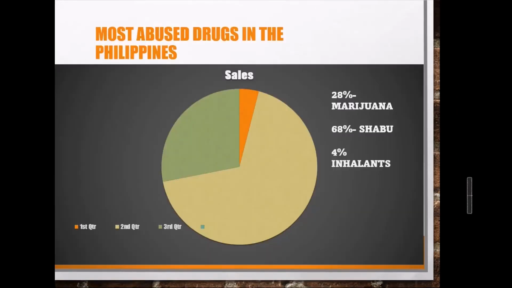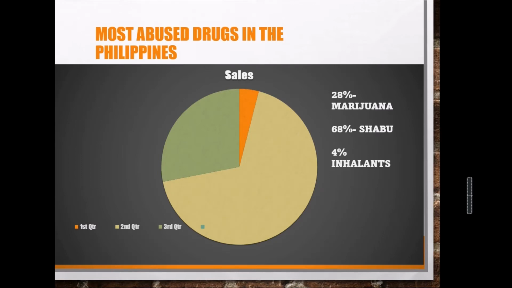A little chart here. In math, we call it a pie chart. Right, okay. So, these are the most abused drugs in the Philippines, based on my research.